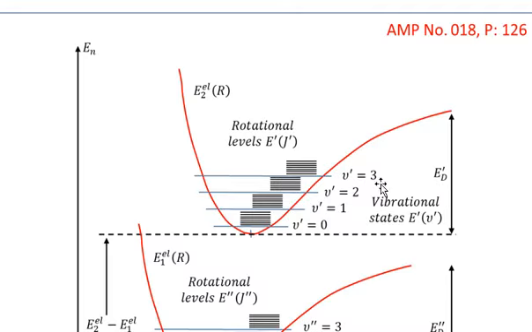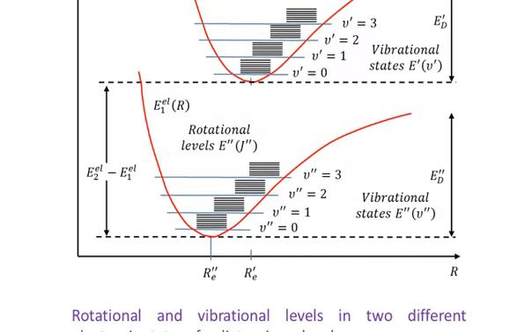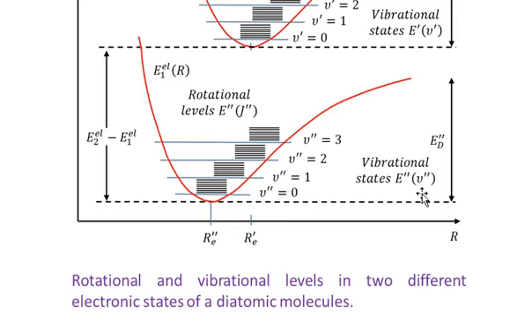The vibrational energies will be specified by E'(V'), whereas the rotational energy will be specified as E'(J'). Similarly, for the lower electronic state, the vibrational energy will be specified as E''(V''), and the rotational level energies as E''(J'').